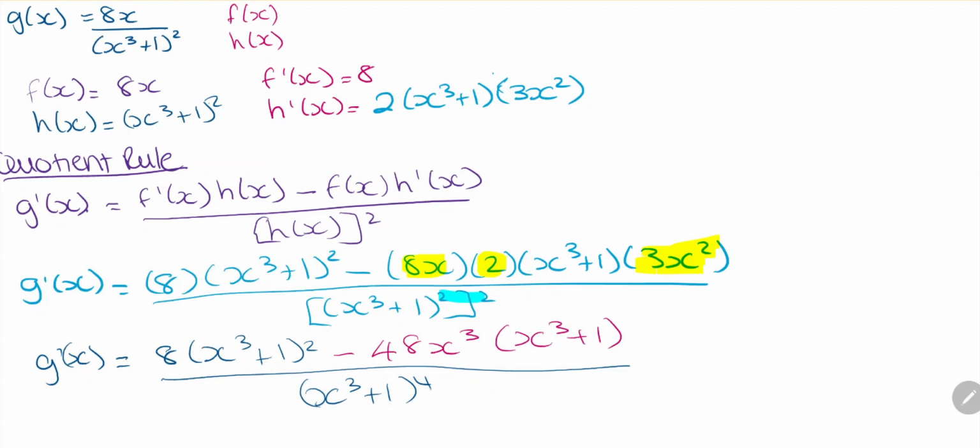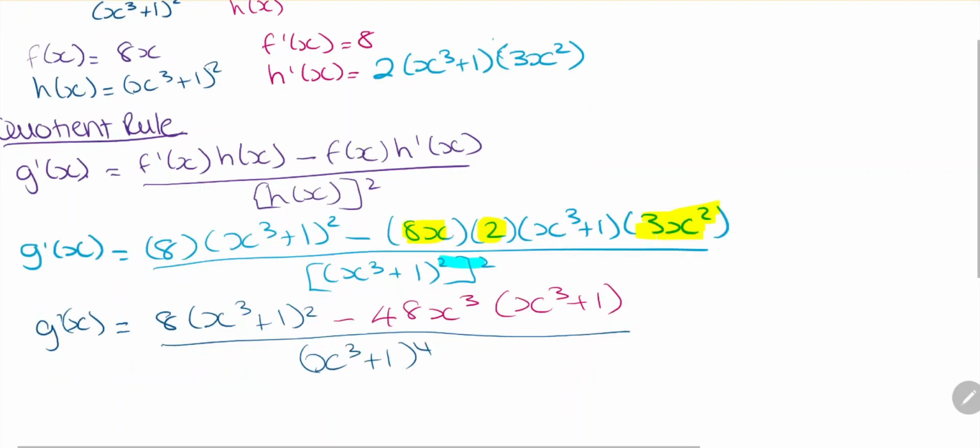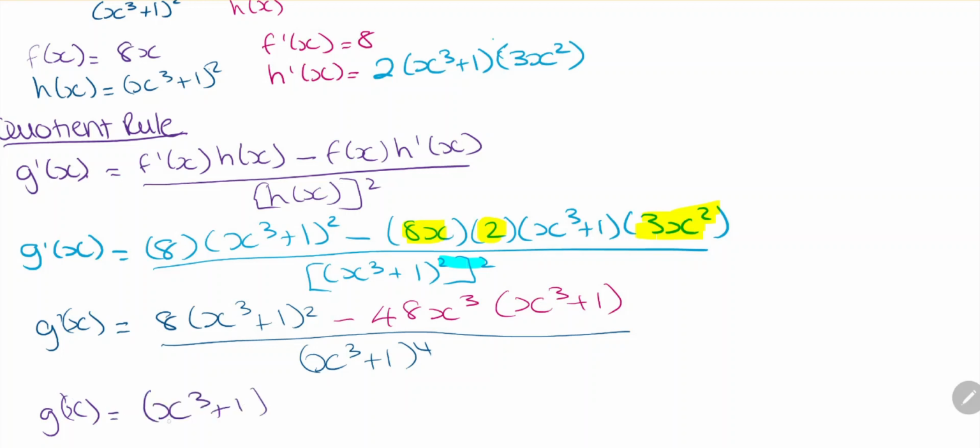So again, let's see what we can do. So we're going to factor our terms. So let's do that. If we factor, we're going to factor by x cubed plus 1. So on the numerator, we'll have 8 multiplied by (x cubed plus 1) minus 48x cubed.